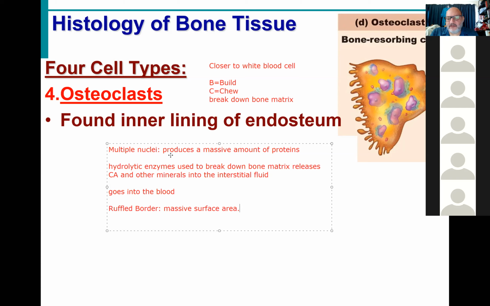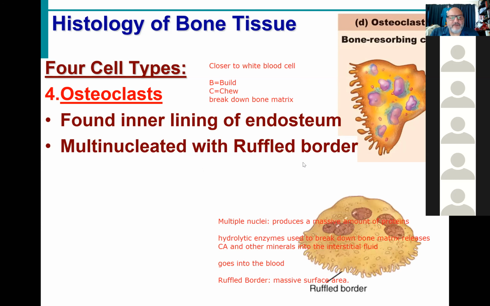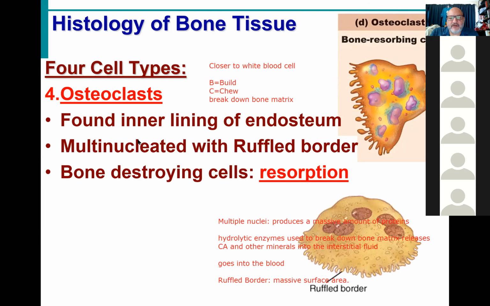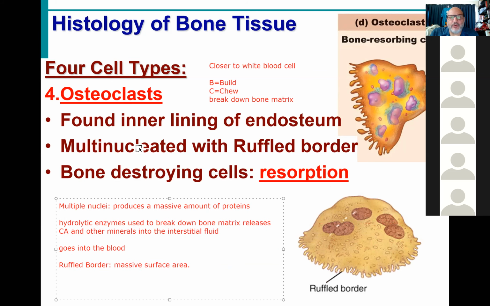Let me see if I can sneak this over in the corner and still make it work. Multinucleated with that ruffled border, and their job is to break down that bone and release it into the blood. And that process of breaking down the bone and releasing it into the blood is a fancy process we call resorption.